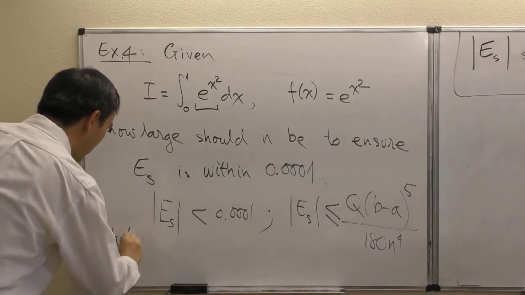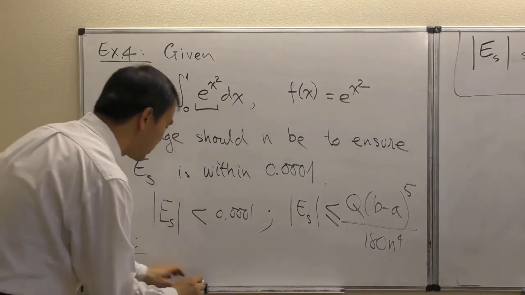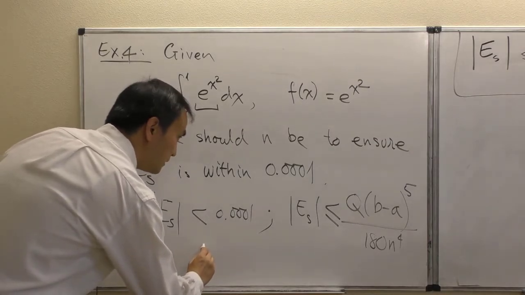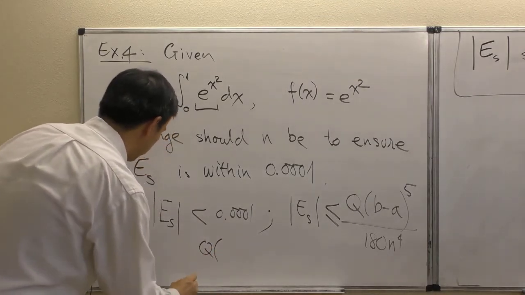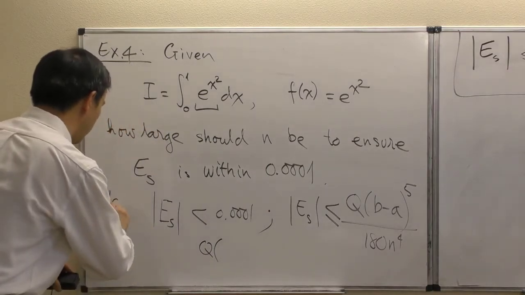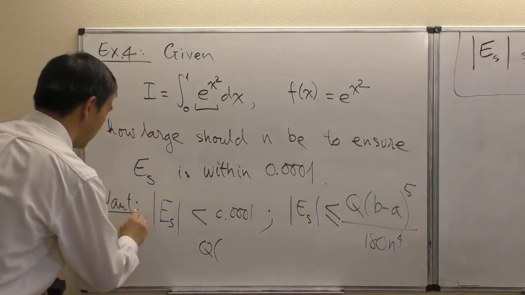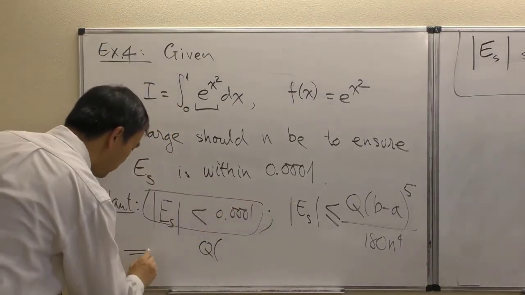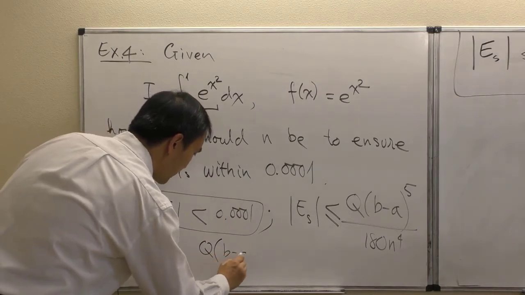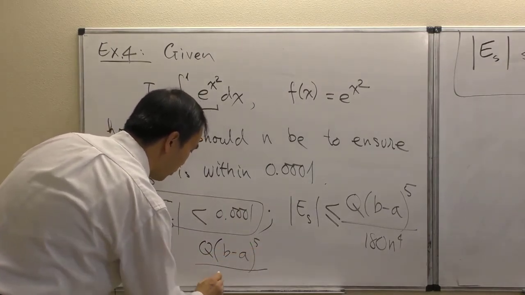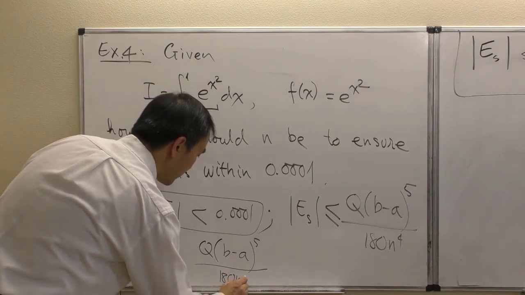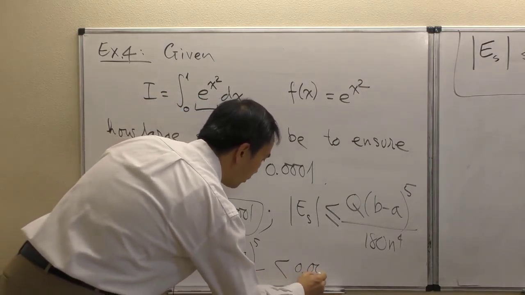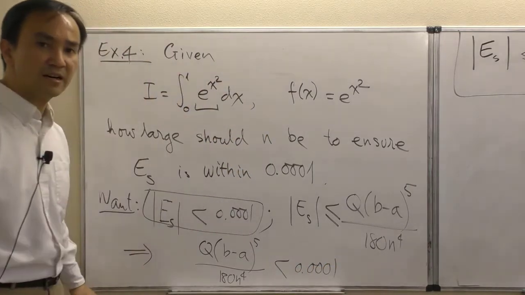What we want and desire leads to Q. This line right here is what we want, and combining what we want with what we know, it leads to knowing that Q times (B minus A) to the 5th power over 180 n to the 4th has to be strictly less than 0.0001. That's how I'm seeing it.